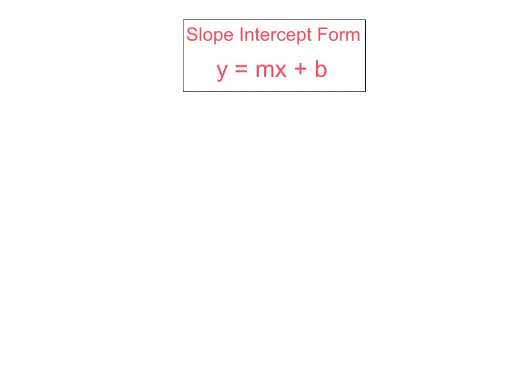The m is the coefficient that's on your x, and that m is actually the slope of your line. And then you'd have an x, and then it says plus b. B is just your constant, whatever your number is that's left in your equation, and that b represents the y-intercept, or where your line will cross the y-axis.